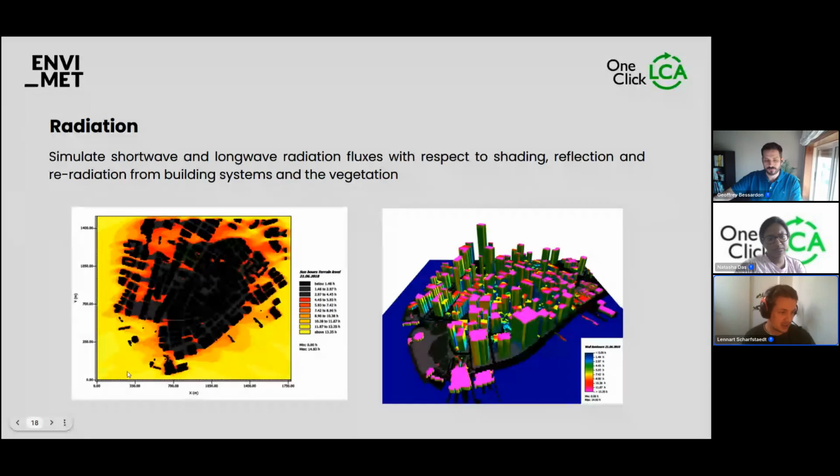We can see, for example, in this same model, that these areas here get the most sun hours because they are not shaded, of course. And if you look at these street canyons here, some of these have below 1.5 hours in a day of direct solar radiation. Then we can do the same for the building facades as well, and see here, for example, that the roofs have the most sun hours over the day.